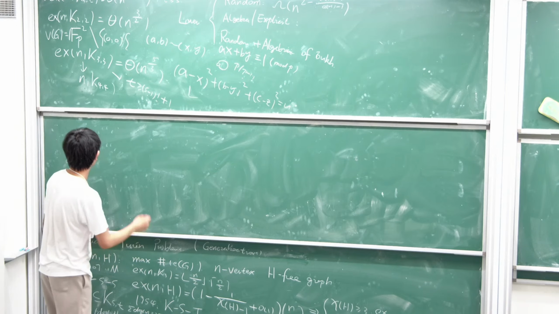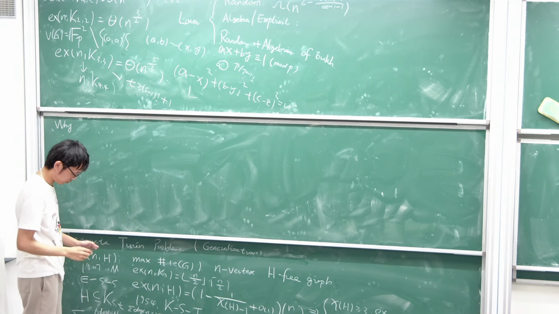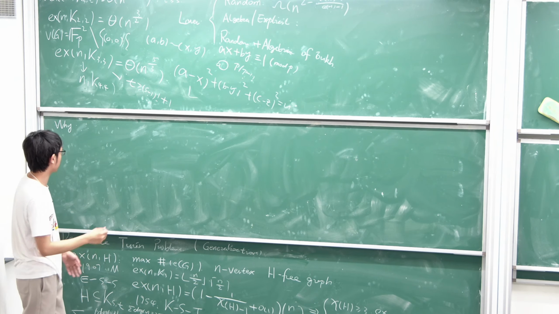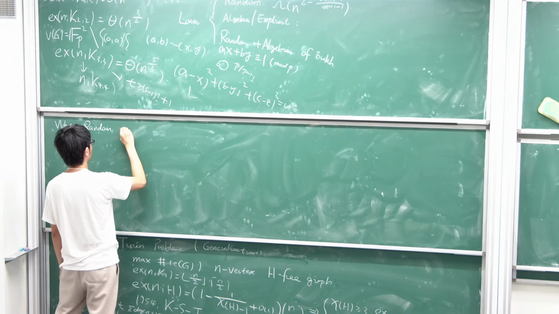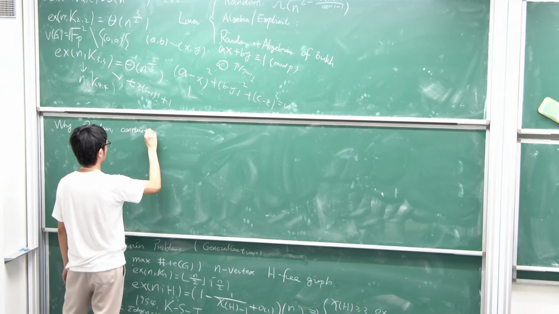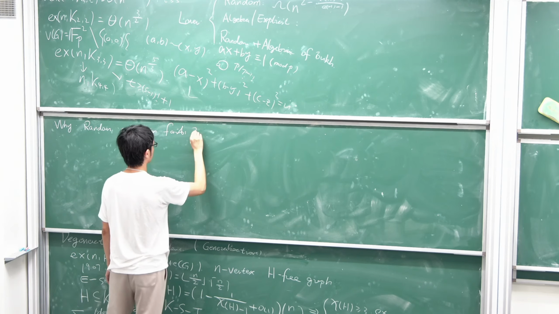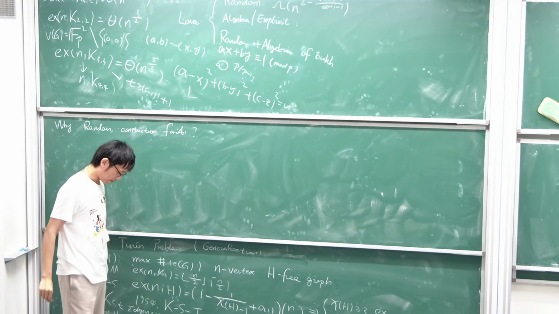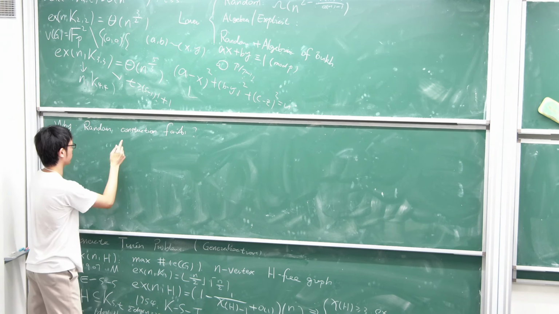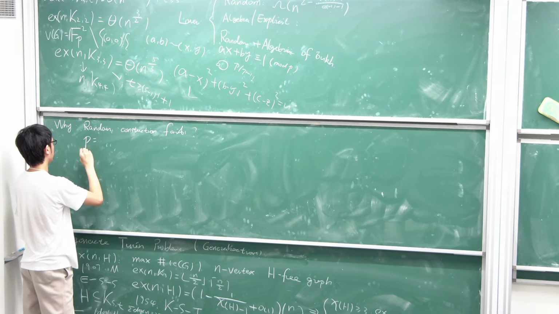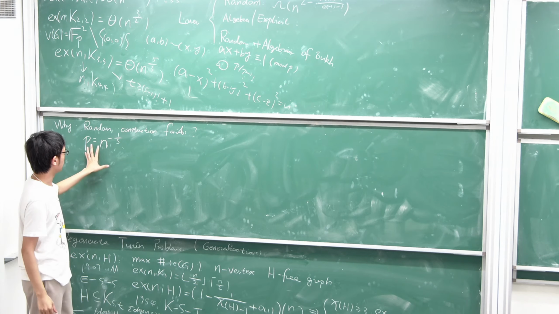So why is the probabilistic method not good? Usually, for example, if we want to use the random construction, we can try, for example, p equals n to some power, and this is the probability.